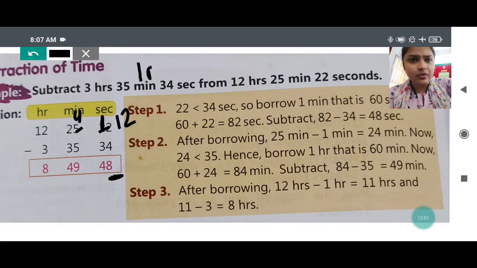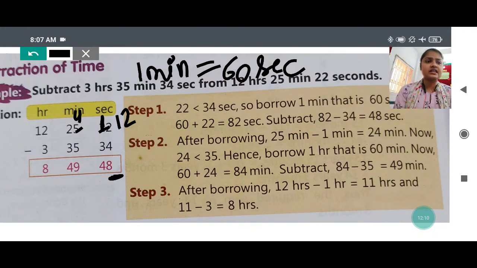Then when we are taking 1 minute and taking it into the seconds, it is giving 60 seconds, because we know 1 minute is equal to 60 seconds. So that will get added with this.